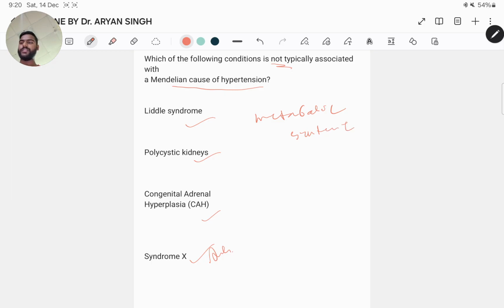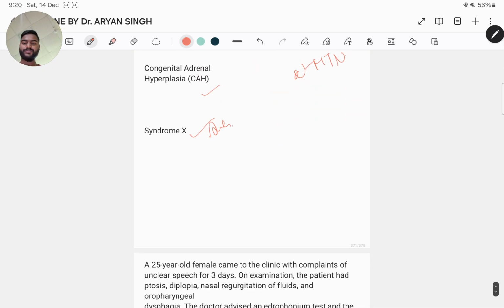Metabolic syndrome or insulin resistance syndrome is not typically associated with a Mendelian inheritance pattern; rather, it's a complex multifactorial condition involving genetic, lifestyle, and environmental factors, including secondary causes of hypertension. Next question.